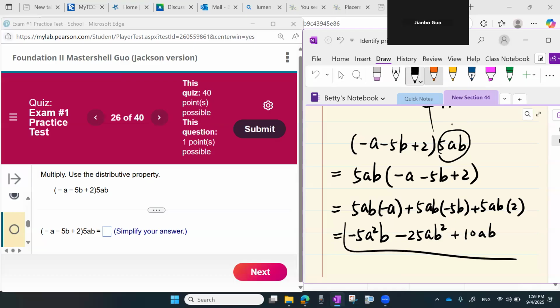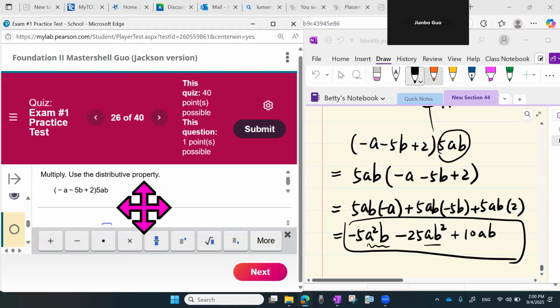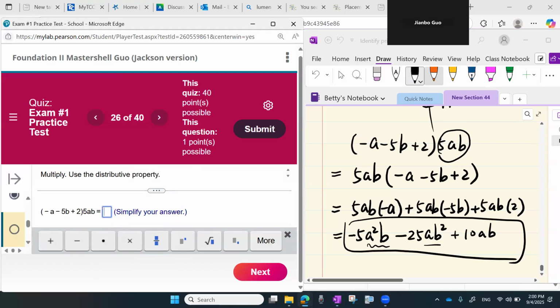This is the result. There's nothing we can combine, because those two are not like terms: a squared b and ab squared are different. When you enter the result, be very careful. If you mess up just a little bit, you do not get the point. -5a squared b, minus 25ab squared, plus 10ab.